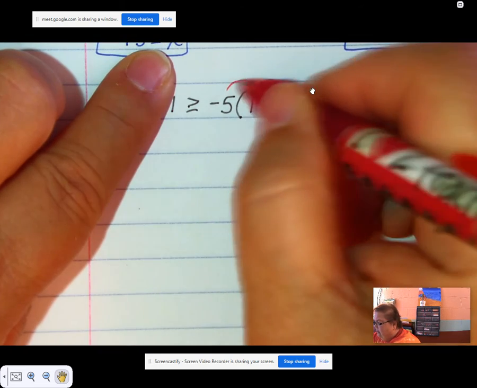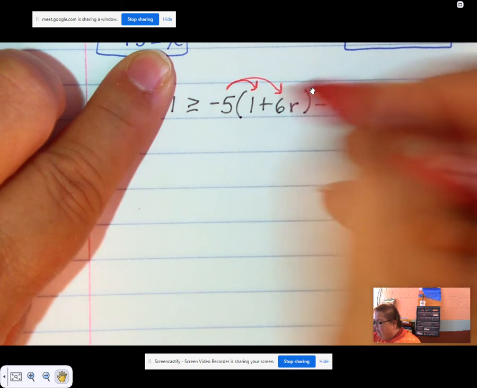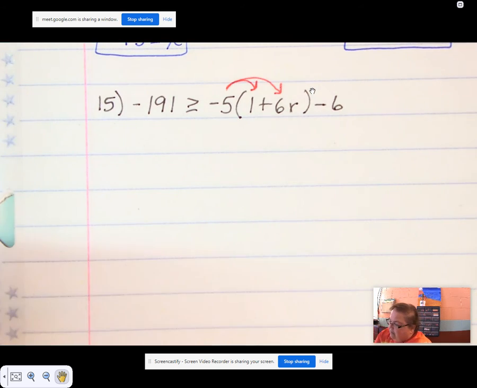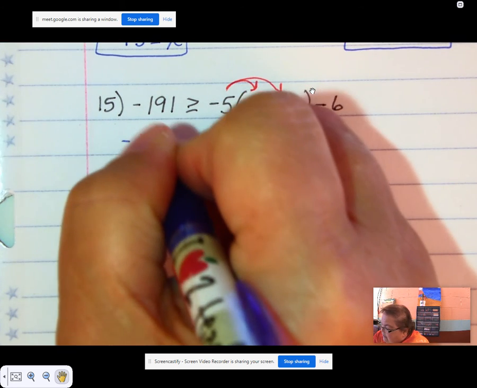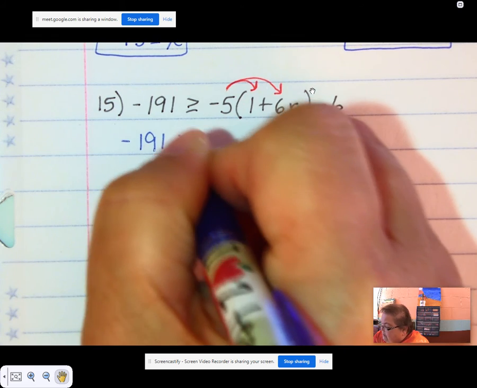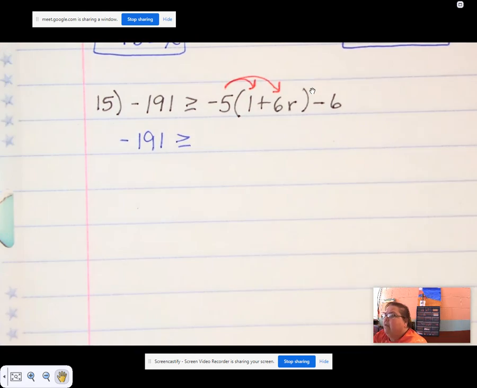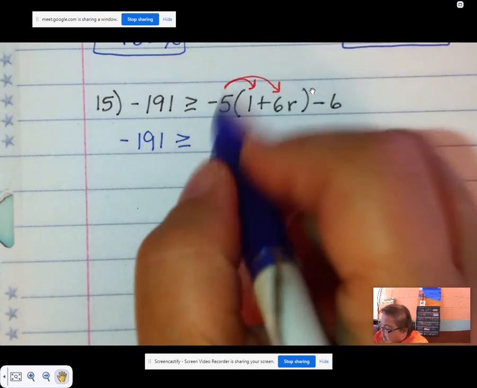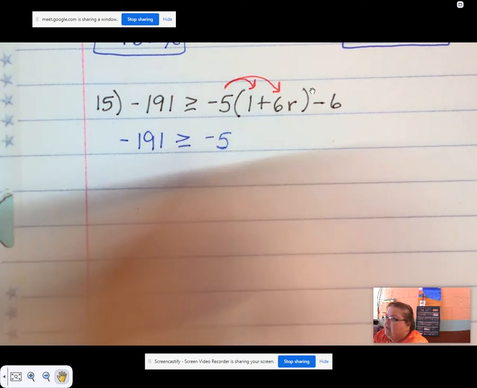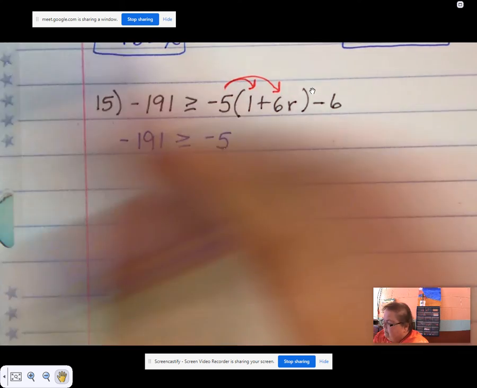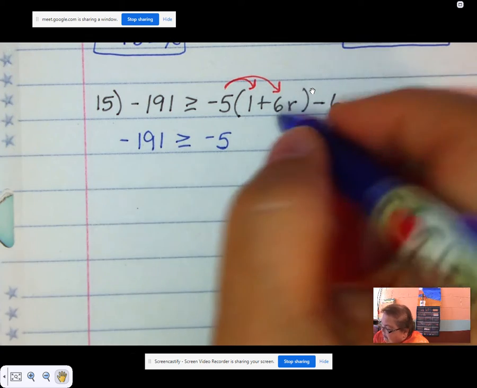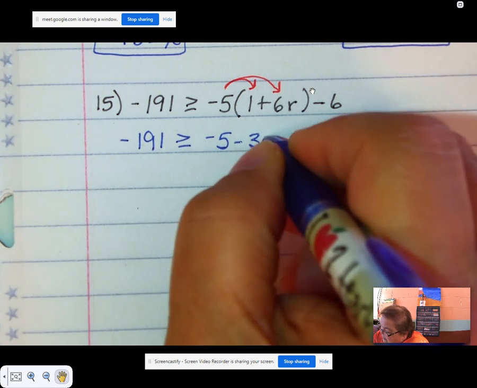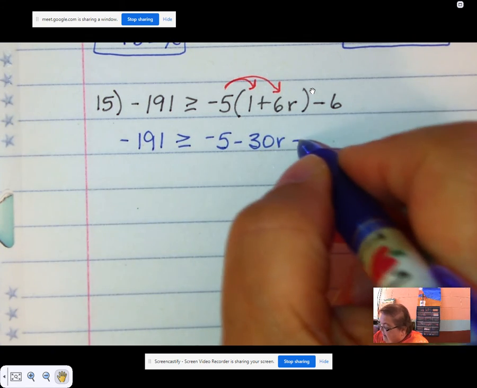Negative 5 times 1, negative 5 times 6r. Here we go. Not doing anything with the negative 191, so I just bring that down. Negative 5 times 1, negative 5. Negative 5 times 6r is negative 30r, thank you, minus 6.